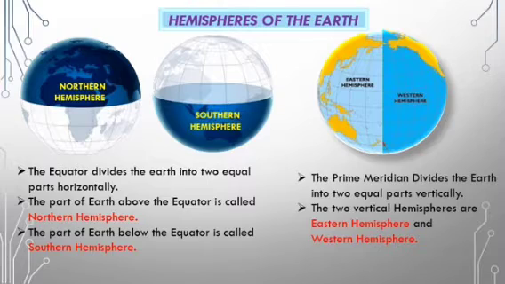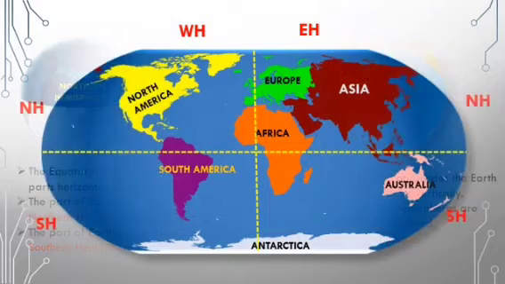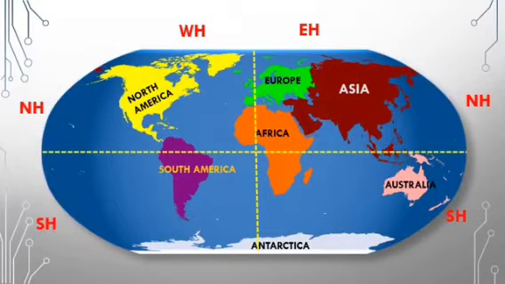The two vertical hemispheres are eastern hemisphere and western hemisphere. What are the four hemispheres of the earth? The four hemispheres of the earth are northern hemisphere and southern hemisphere, eastern hemisphere and western hemisphere.